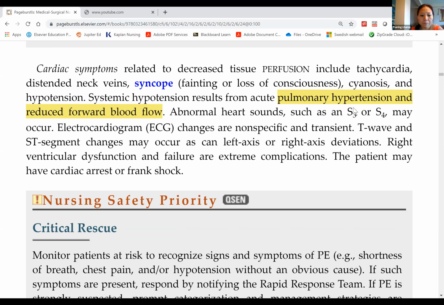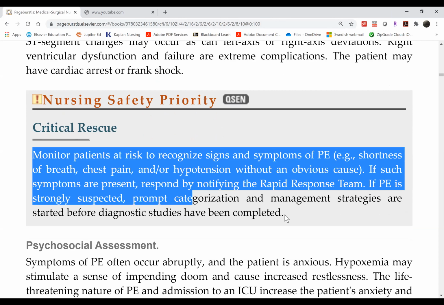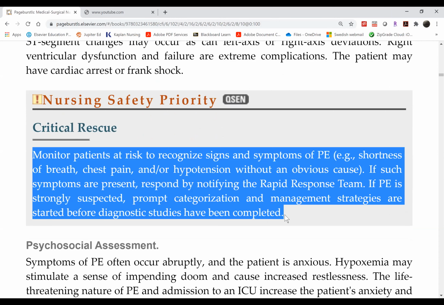That will cause pulmonary hypertension and therefore reduce forward blood flow. Please read this. These are emergency findings. This will be present in a massive PE, which will be in the next table shortly.